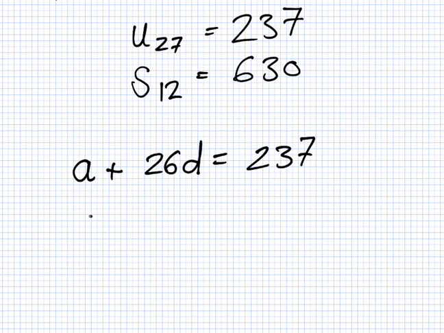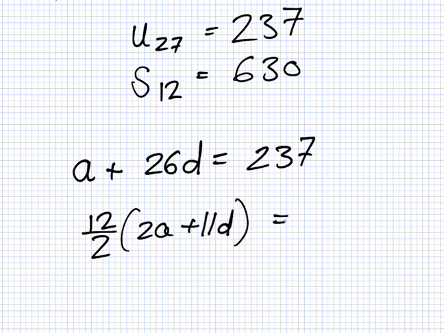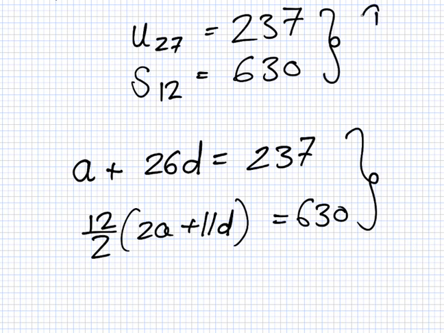And I also know that 12 over 2, 2A plus n minus 1 D equals 630. So these two just come from these two here. This is using my first formula, and this is using my second formula.